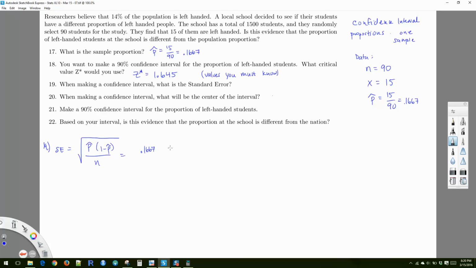So 0.1667 times 1 minus 0.1667 divided by 90, and we take the square root there. And when I punch this in, I get 0.0393.